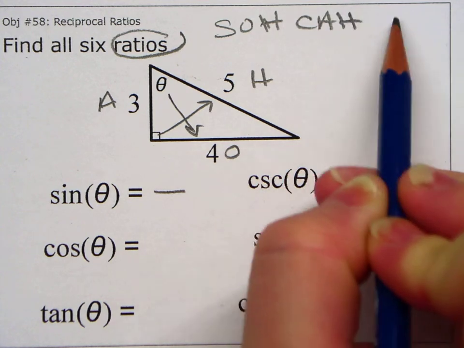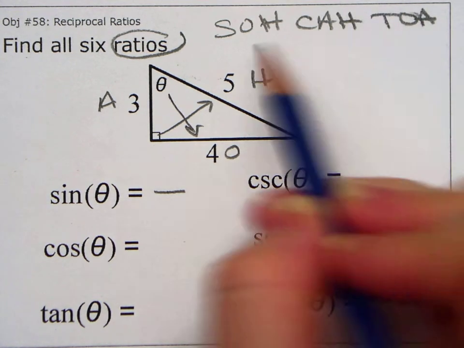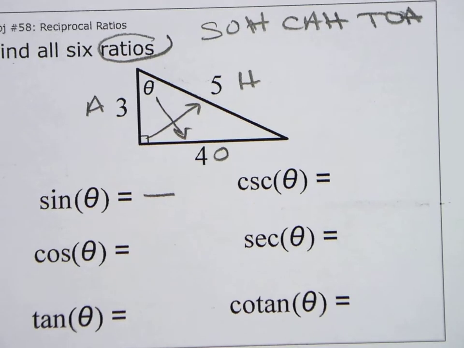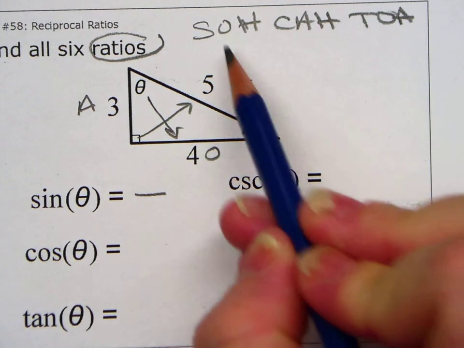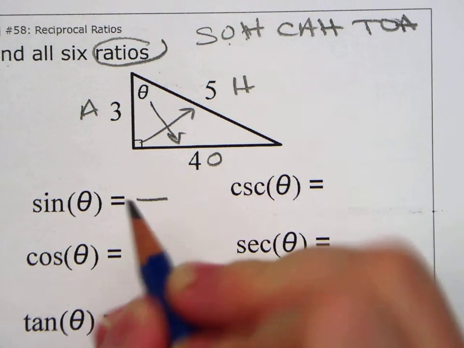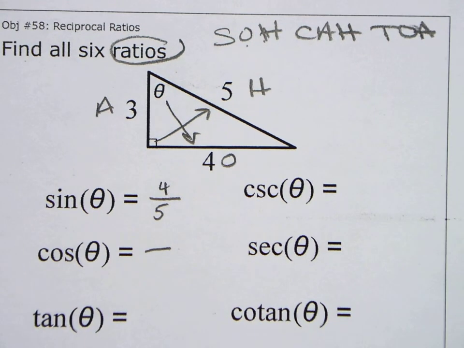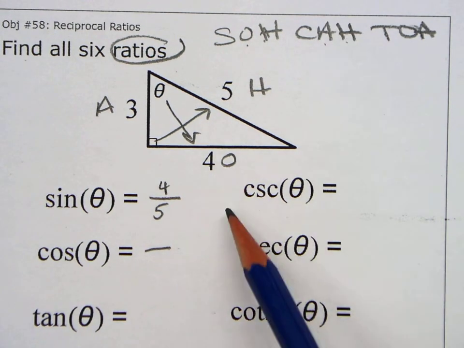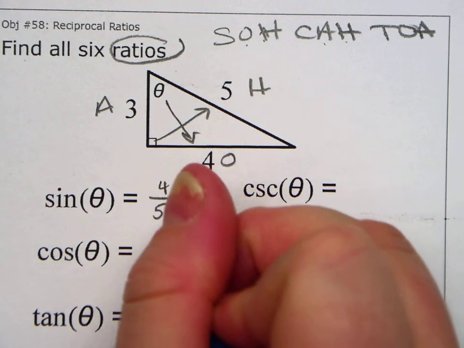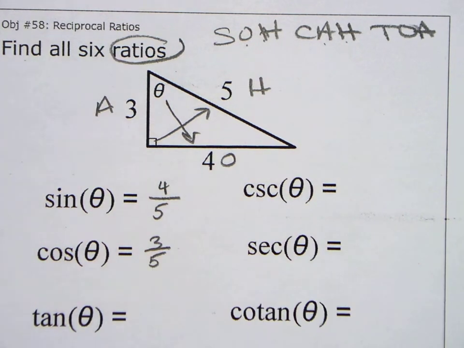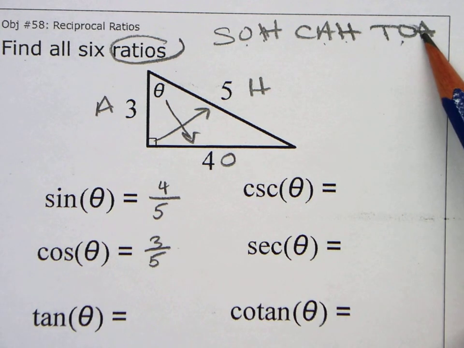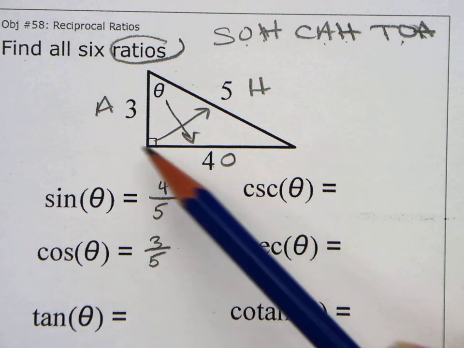At this point, I hope you don't need SOH CAH TOA, but if you do, you do. So sine is opposite over hypotenuse, 4 over 5. Cosine, adjacent over hypotenuse, so 3 over 5. And tangent, opposite over adjacent, 4 over 3.